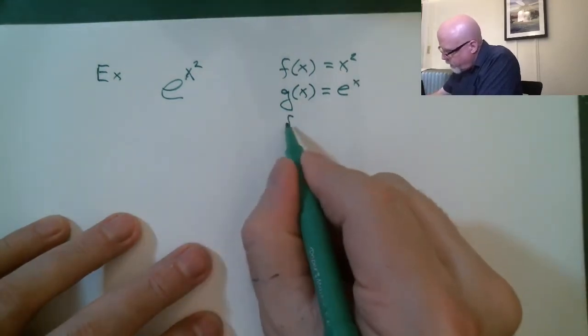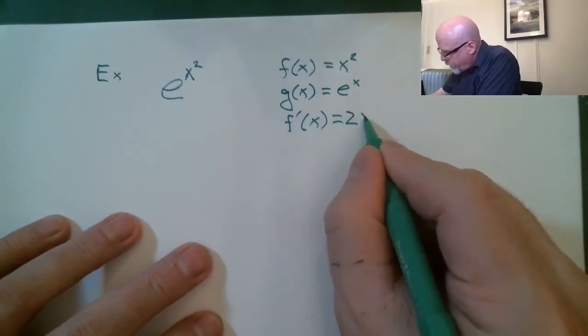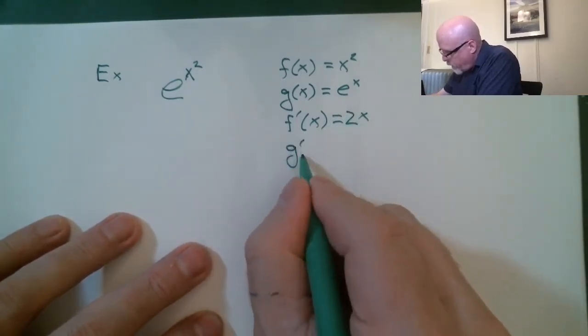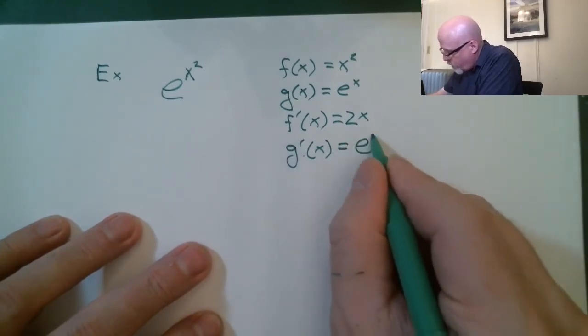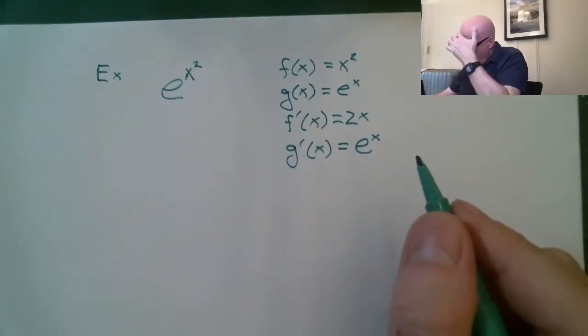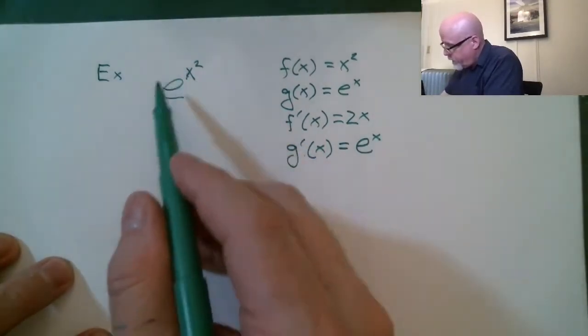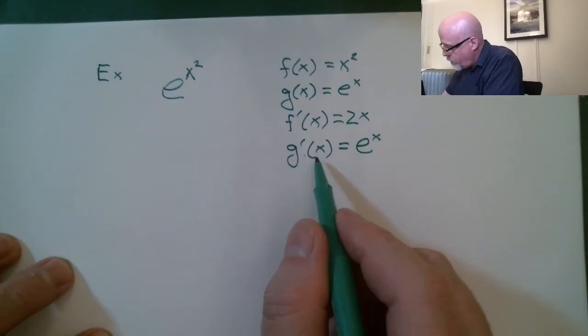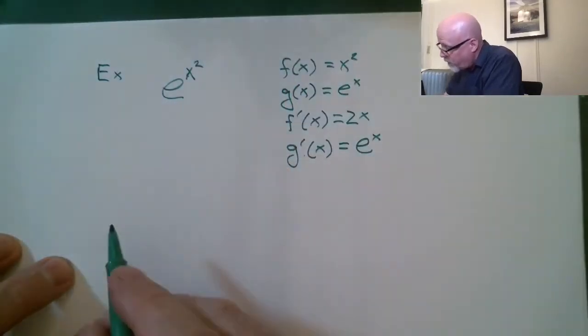What are the derivatives of those? Well, f prime is 2x, and g prime is unchanged. e to the x is that weird function that is its own derivative. So, how do I take the derivative of this guy? I take g prime and evaluate it at the place where it was evaluated before.